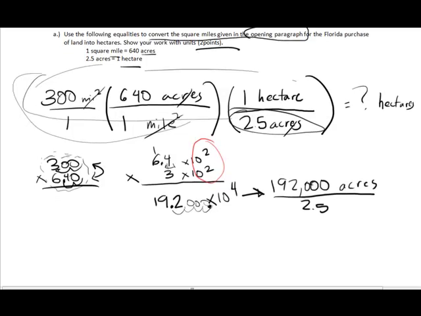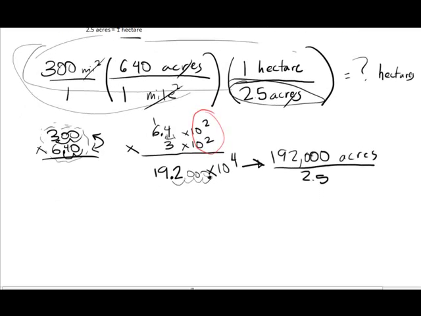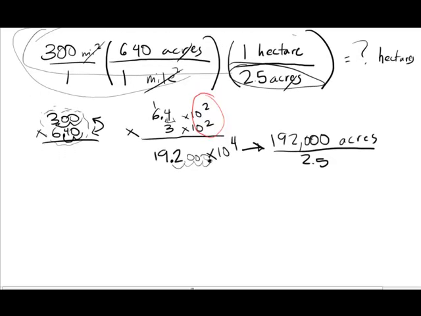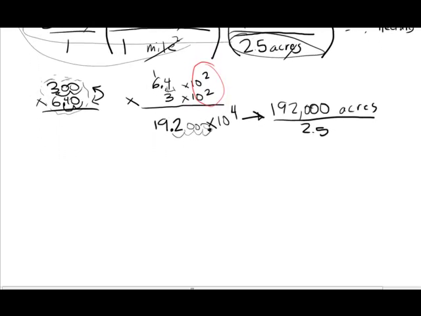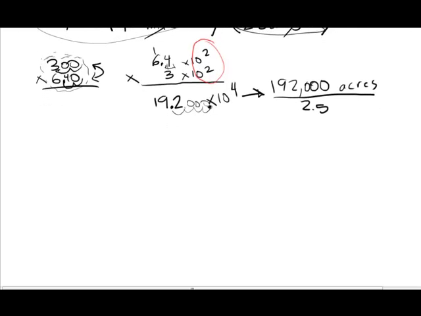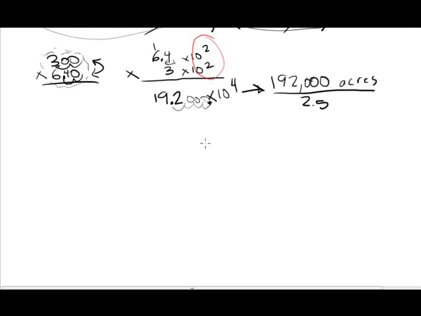But I'm going to go through the long process of dividing here, and just like I did with the other number, to keep it simpler, I'm going to put it in scientific notation. I'm going to put 2.5 going into 192. I think that's going to be my easiest setup as far as tracking things. It's 192 times 10 to the 3 divided by 2.5 times 10 to the 0.